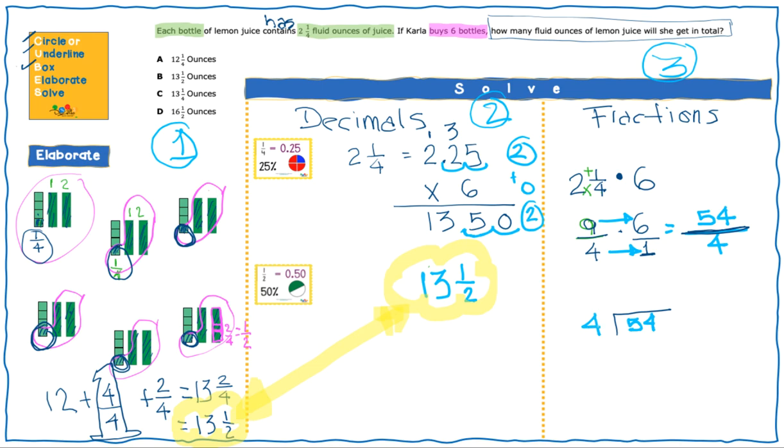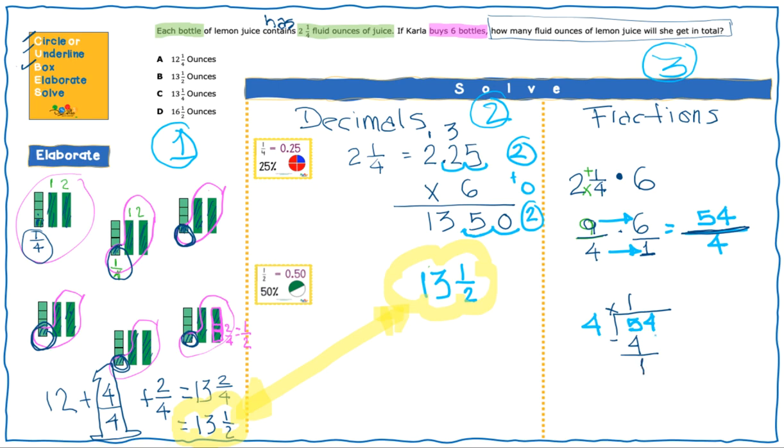Great. We're gonna be using our multiplication chart, guys, and I'm gonna start doing this digit first. 4 into 5, 1 time. 4 times 1 is 4. We subtract 5 minus 4, that is 1. Great.